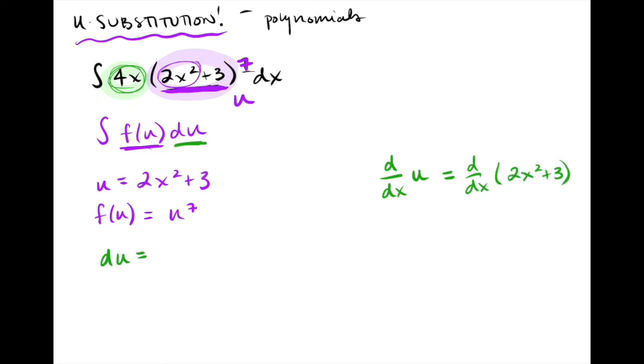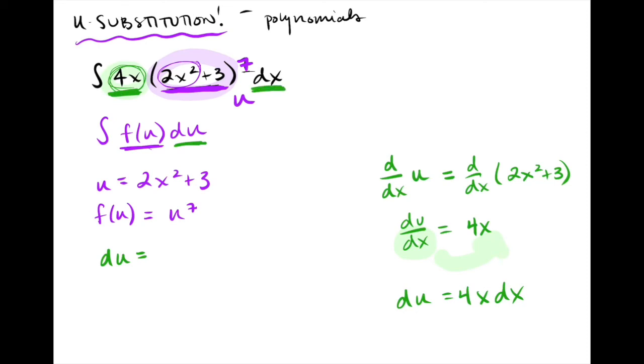Doing that, I find that the derivative of 2x squared plus 3 is equal to 4x, so du/dx is equal to 4x. And then, remember, it's not quite multiplication, but we can think of it like that. If I take my dx and I move him over here, then I can say that du is equal to 4x dx.